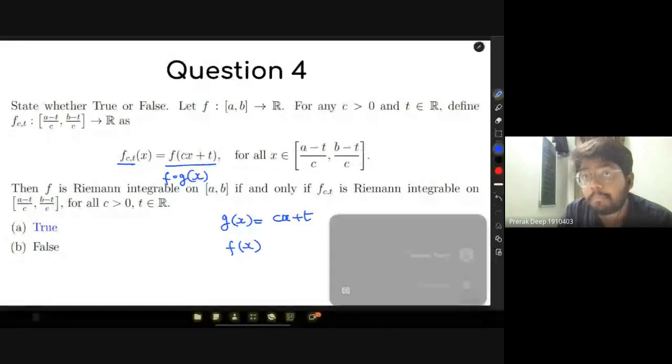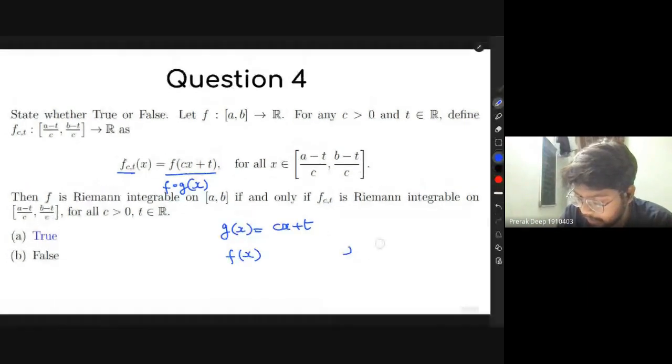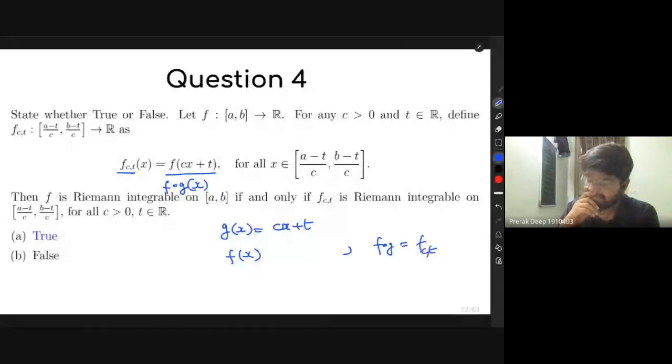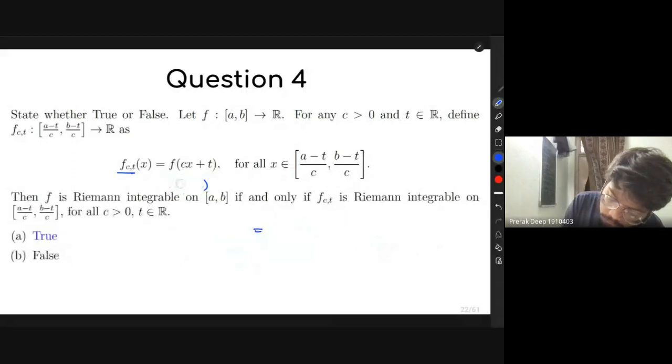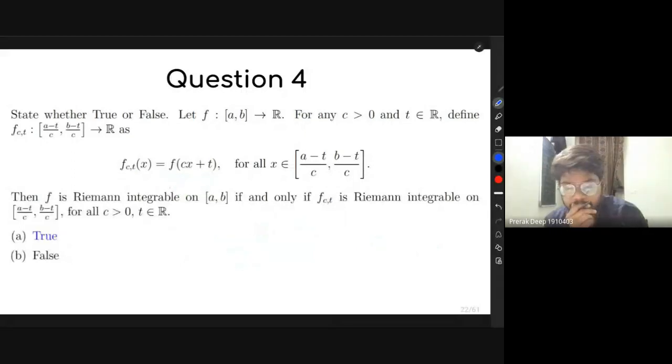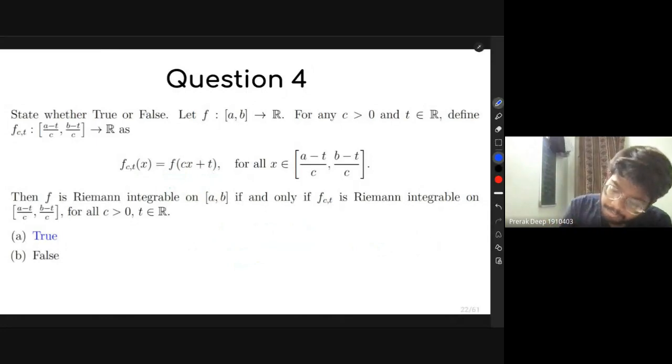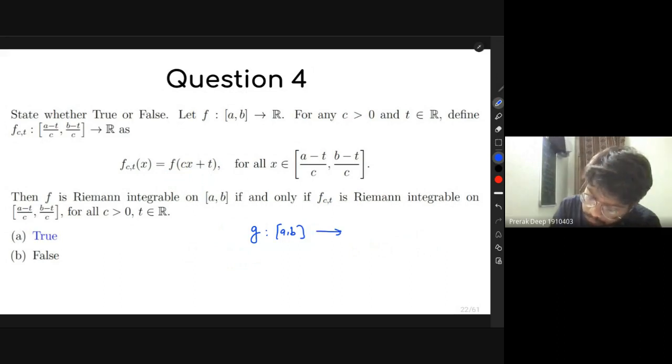So if you consider the composition of f with g, you get f_{c,t}. That's what it is. And this composition basically changes the domain. So g is a function from [a, b] to [(a - t)/c, (b - t)/c].